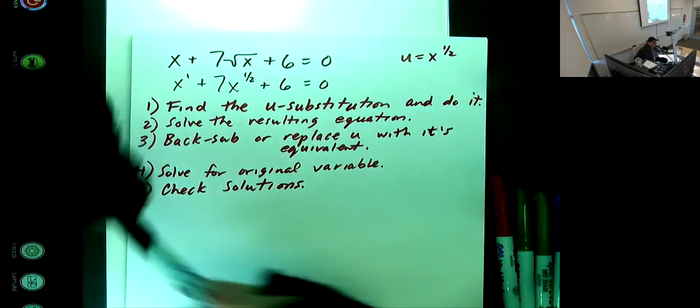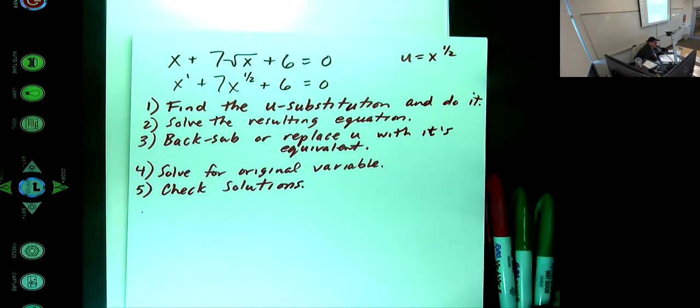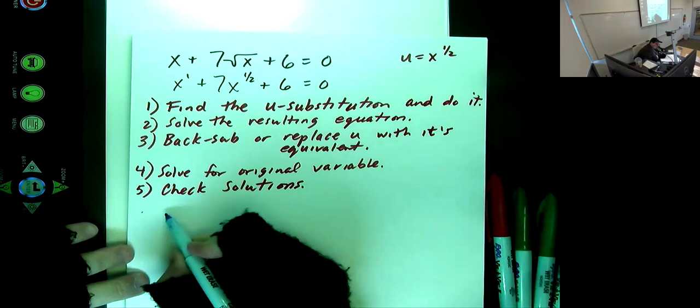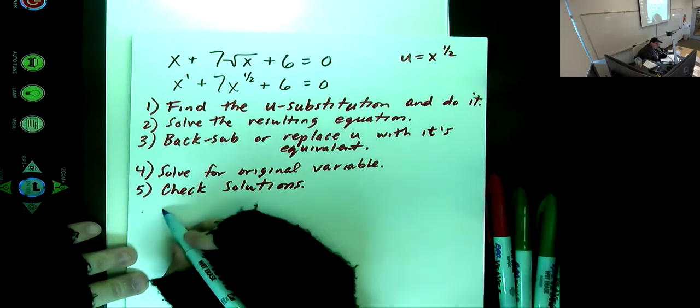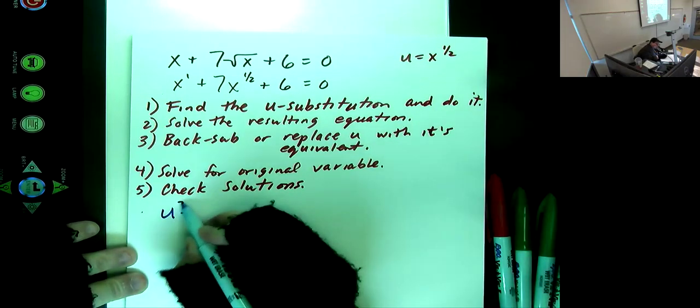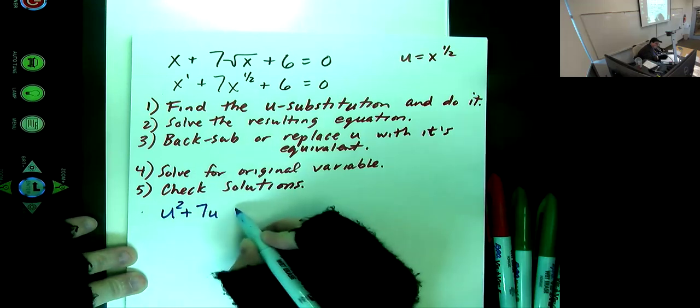Alright. So we got our substitution. If we make that substitution, we're going to have u squared plus 7u plus 6 equals 0.